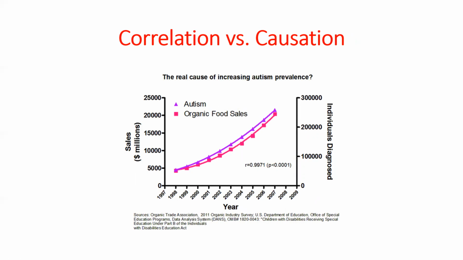It's probably that there are some things linked to both of these, like we've had an increased focus on health, right? And so more people are buying organic food. Maybe autism rates are being diagnosed at higher rates because we're getting more people into the doctor. We're getting more people focused on health. Could be that, or some other factors that we're not even thinking about that are correlated with both of these things, right?